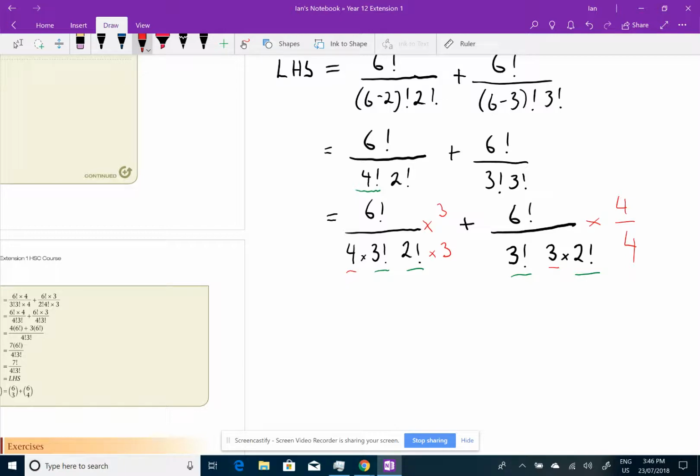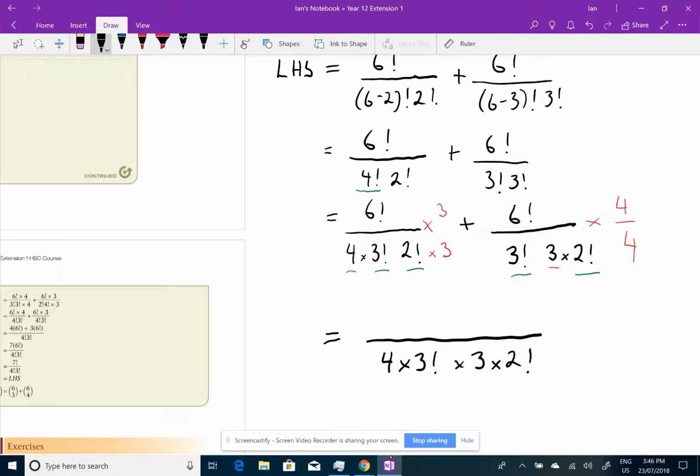Now look at the denominators and make sure they're the same. 4 times 3 factorial times 2 factorial. 4 times 3 factorial times 2 factorial. Yes, the denominators are exactly the same. So let's just write the denominators down the bottom here because we're writing as one fraction. 4 times 3 factorial times 3 times 2 factorial. That's the denominator. Just check in your head and see that that's exactly the same.